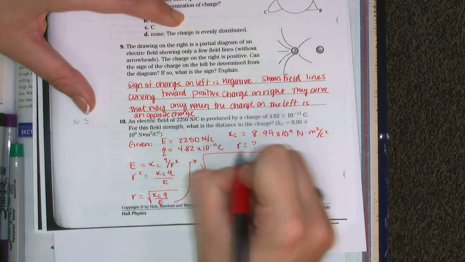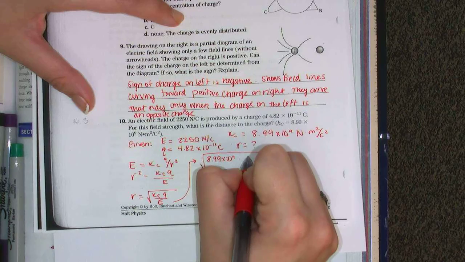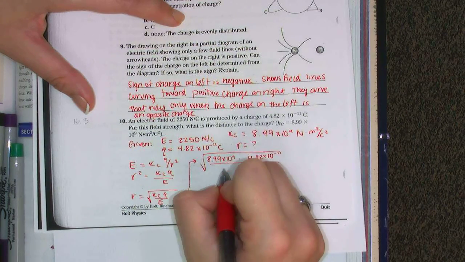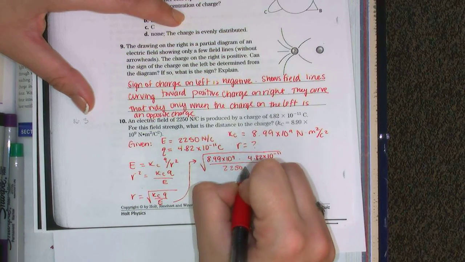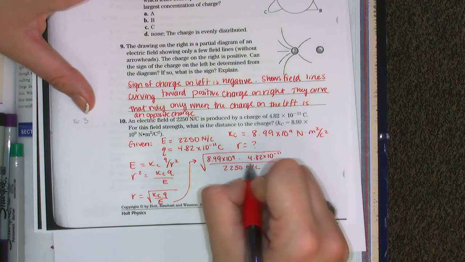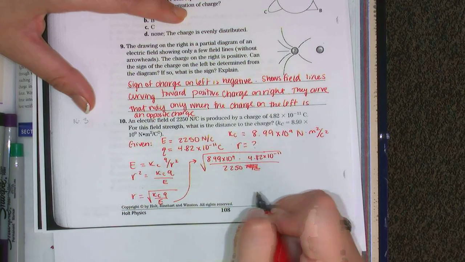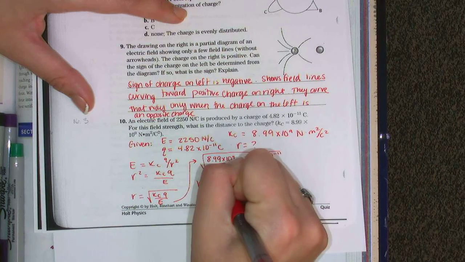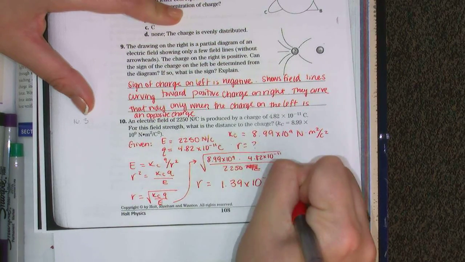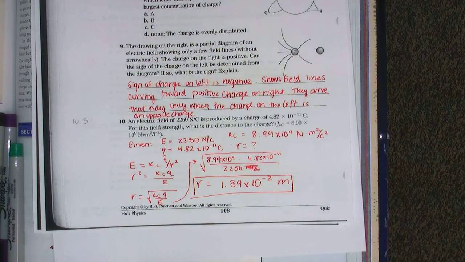So this is 8.99 times 10 to the 9th times 4.82 times 10 to the negative 11, all over 2250 newtons per coulomb. I didn't write the units on the rest of them, so I'll just get rid of that. This ends up equaling 1.39 times 10 to the negative 2 meters. So that's the answer for that one.